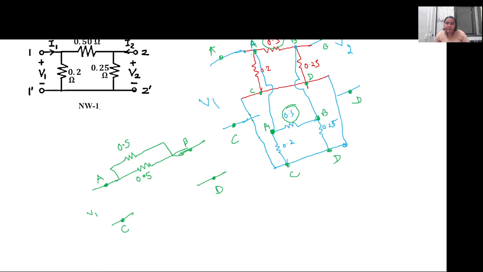Similarly, just check between A and C. Between A and C, this 0.2 ohm resistance is connected. Also, between A and C, this 0.2 ohm resistance is connected. That means they are connected in parallel. Then between B and D, 0.25 ohm resistance is connected.